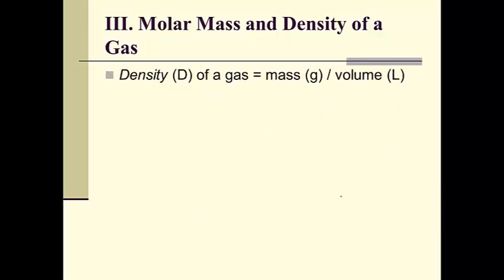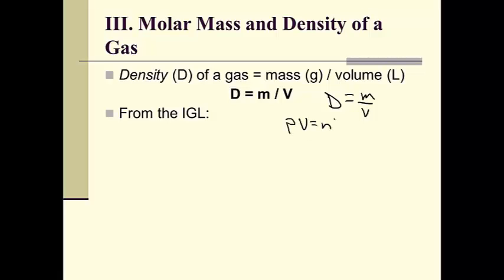Now density. This goes back a little ways. Density is equal to mass over volume. So from the ideal gas law, PV equals nRT, let's solve for volume, and plug that into the equation up here.